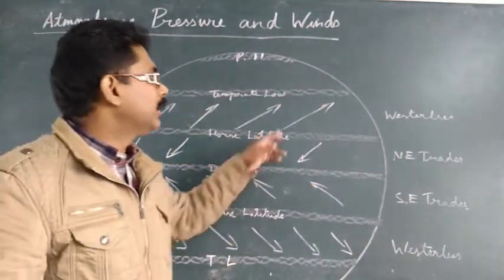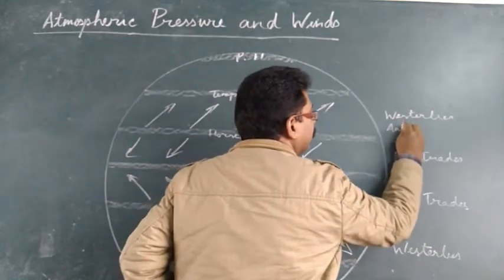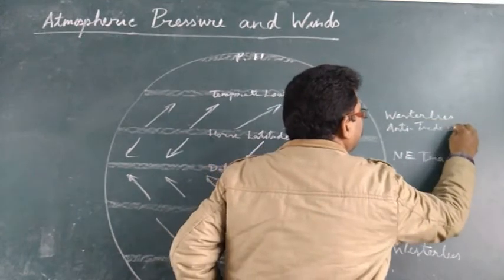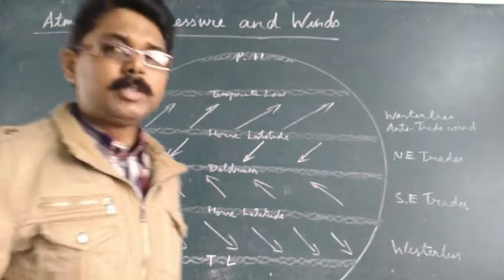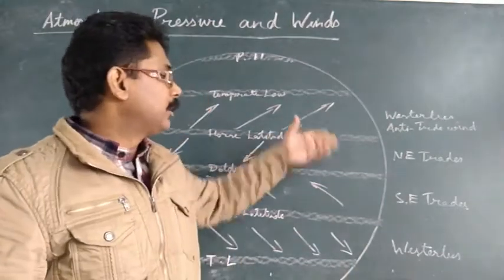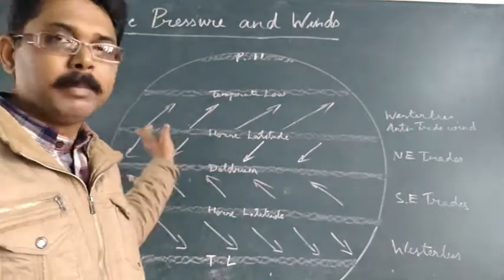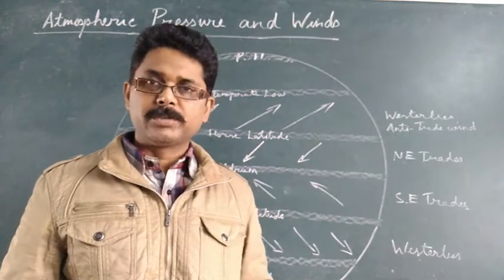These westerlies are also known as anti-trade winds. Why are they called anti-trade winds? Because these westerlies oppose the ships which are moving from Europe to America, that's why these winds are known as the anti-trade winds.